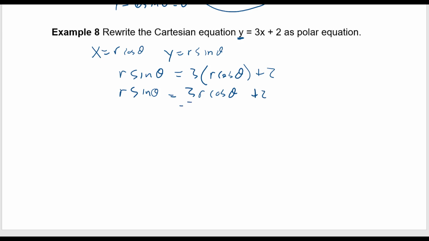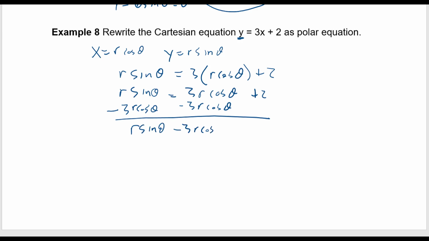Now if I subtract 3r cosine theta, I can get the cosines on the one side. I would have r sine theta minus 3r cosine theta equals 2. The real goal is to get the r's on the same side, so I can factor the r out. r times (sine theta minus 3 cosine theta) equals 2.